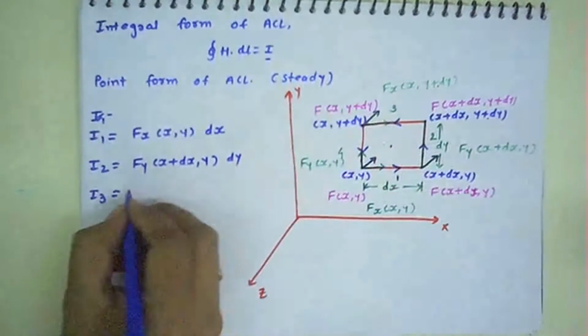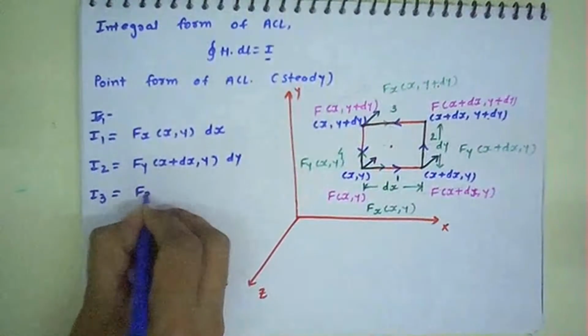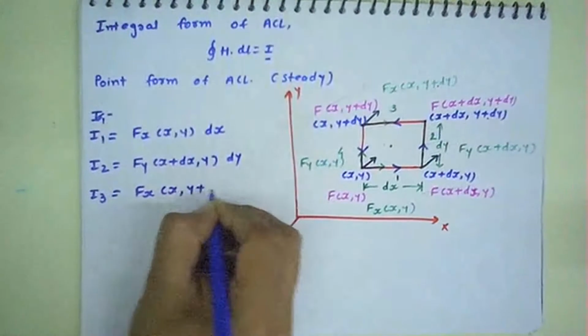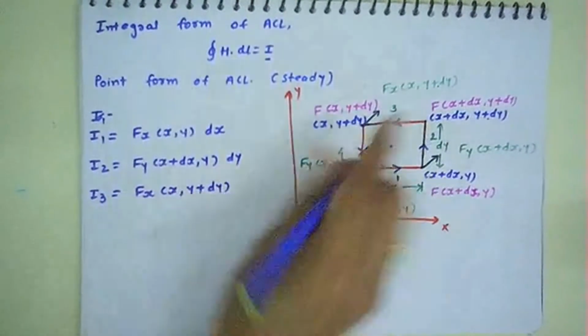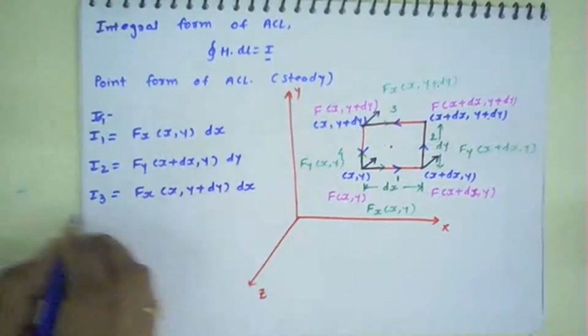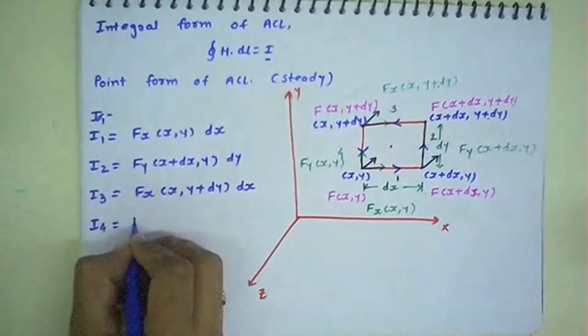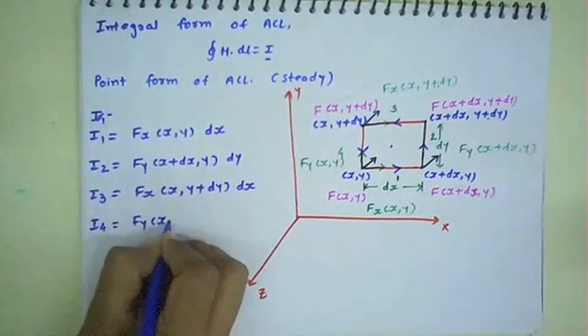The third is fx of x, y plus dy, again along x, and 4 is again fy.